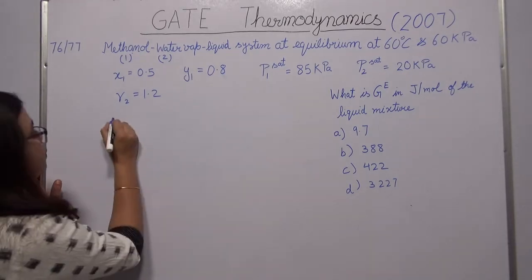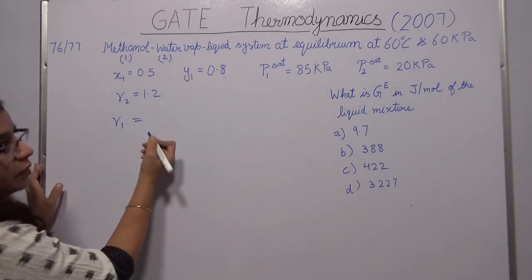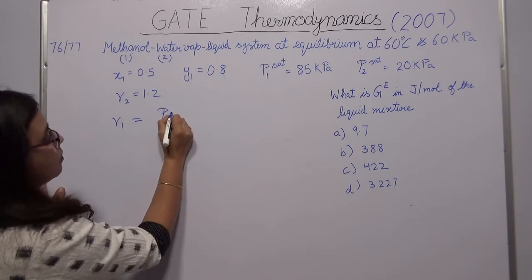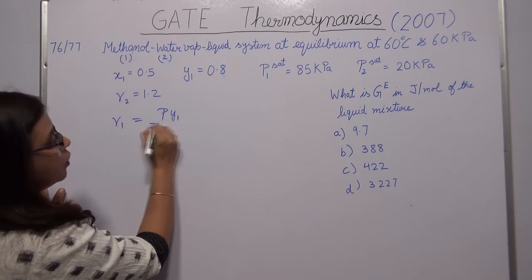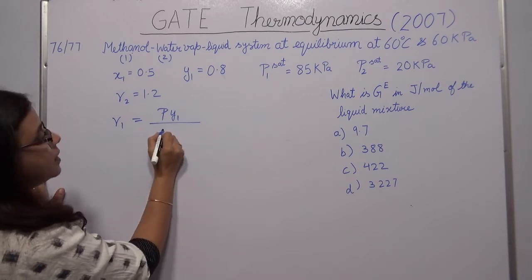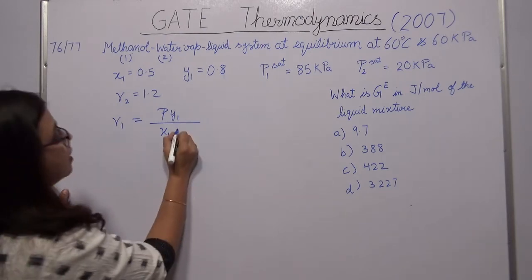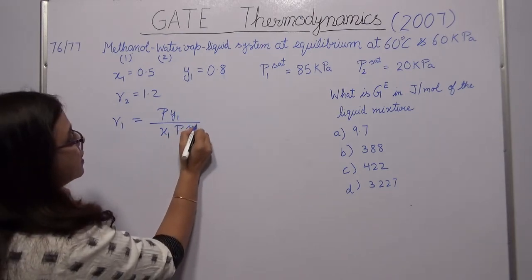First we will find gamma 1. If I rearrange my Raoult's law, what I get is total pressure multiplied with the mole fraction in the vapor phase, divided by the mole fraction in the liquid phase multiplied with P1 sat.